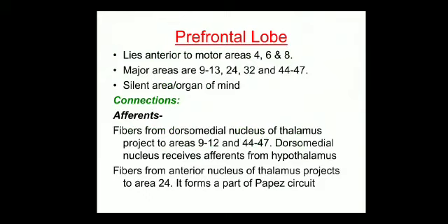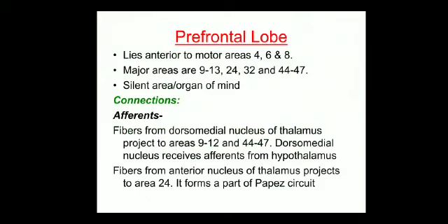They project onto areas 8 to 12 and then areas 44 to 47. So from the thalamus, the fibers project onto these areas of the prefrontal lobe.